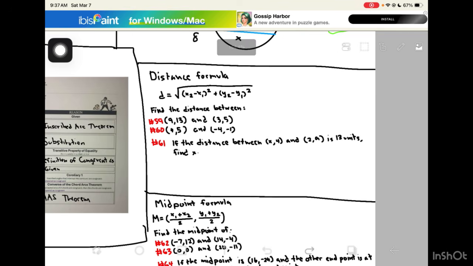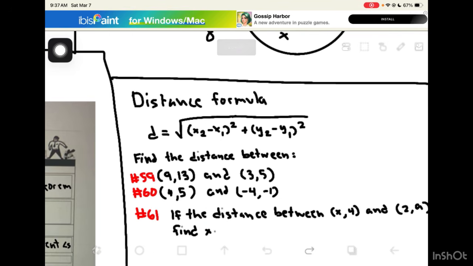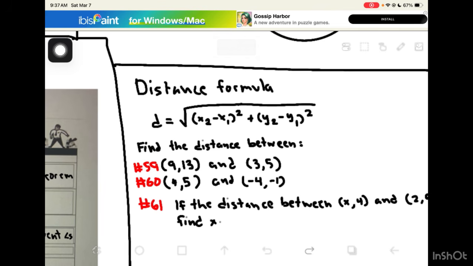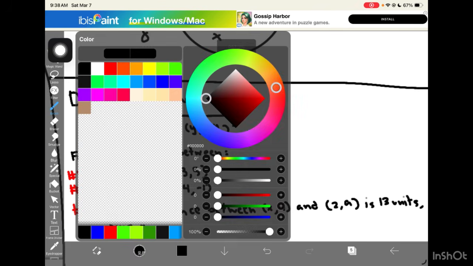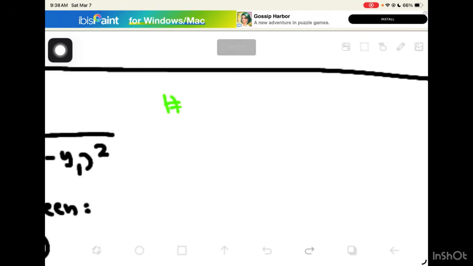So, the distance formula is defined by this one, and you can just substitute the values in to get the answer. Take for example number 59.